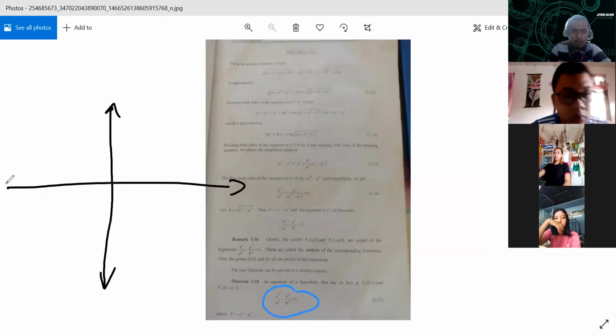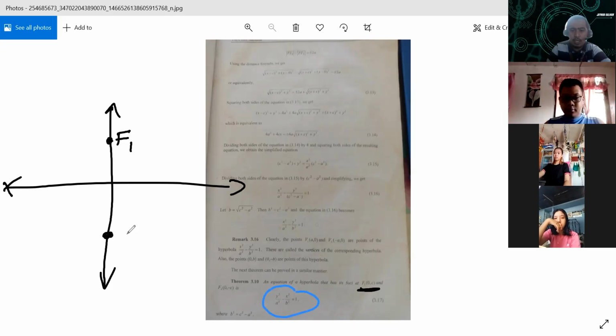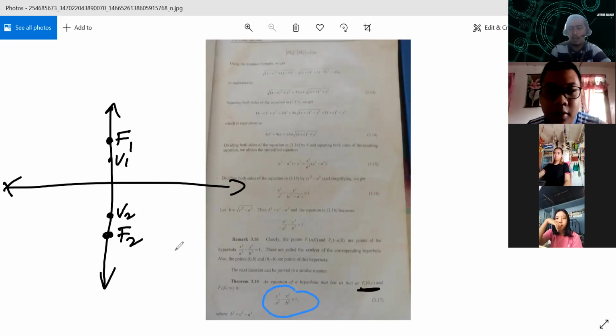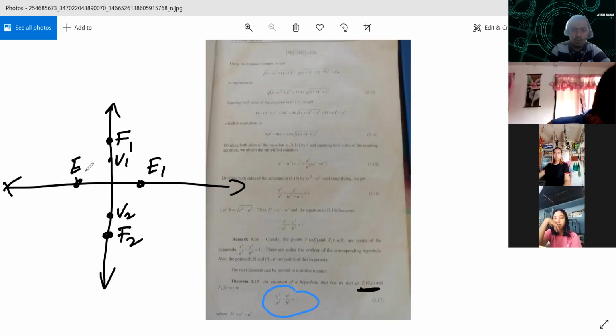If your focus 1 is at (0, c), say for example here, focus 1, your focus 2 is (0, negative c). So somewhere here is your vertex 2, here is your vertex 1, your extremity 1 and your extremity 2.